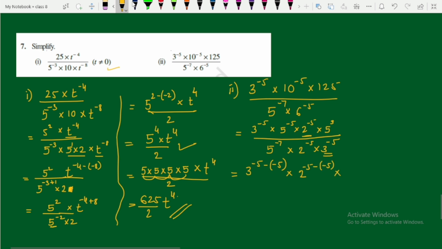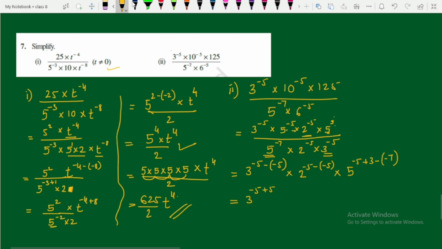Lastly, for 5 there are three terms: 5 raised to minus 5, and 5 cube in the multiplication, a raised to m into a raised to n is a raised to m plus n, so it is plus 3, and the denominator has 5 raised to minus 7, so it is minus of minus 7. So the final answer you will get is 3 raised to minus 5 plus 5.